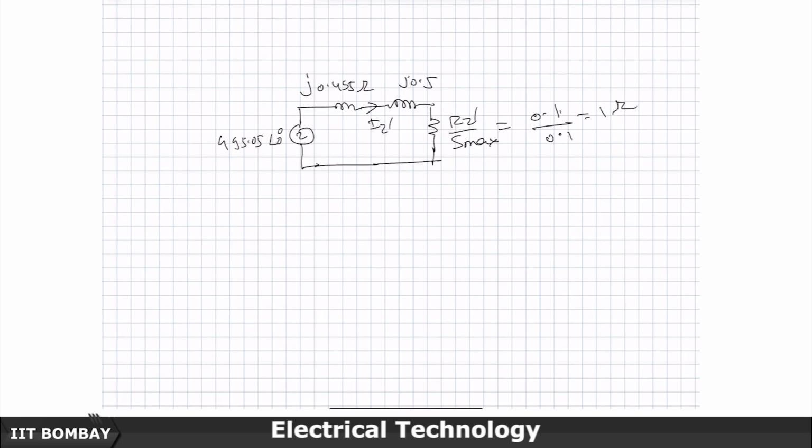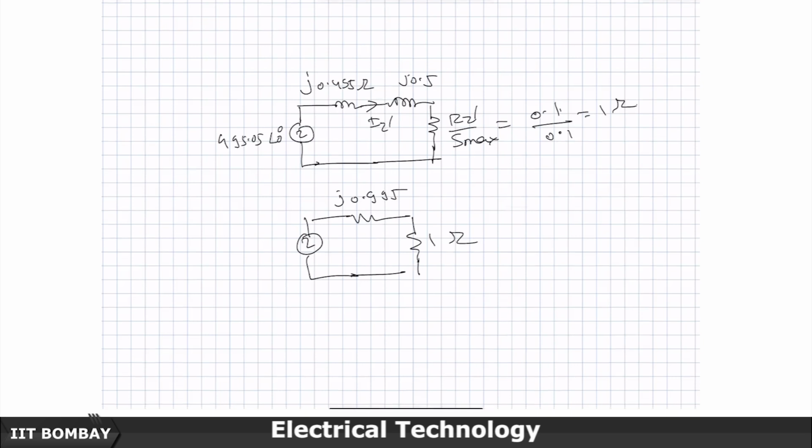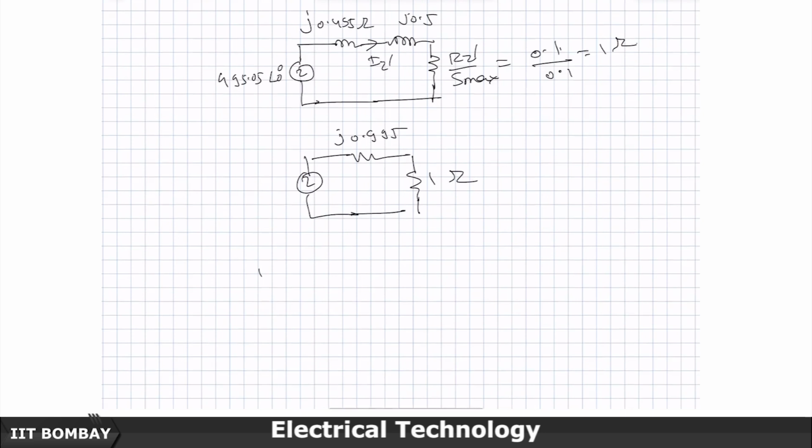So, therefore, this circuit has this voltage, J 0.995 and this 1 ohm. So, I2 dash is going to be approximately 495 by 0.5, J 0.995. For the sake of simplification in my discussion, I will write it as J1 plus 1.